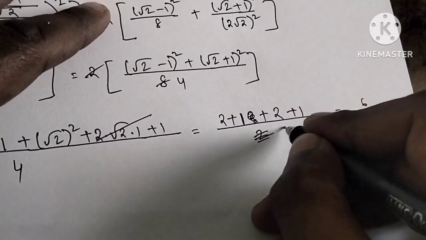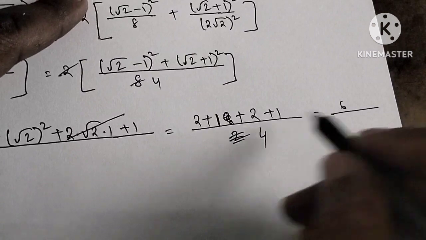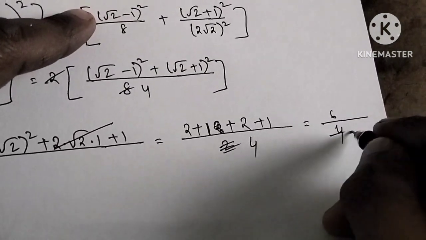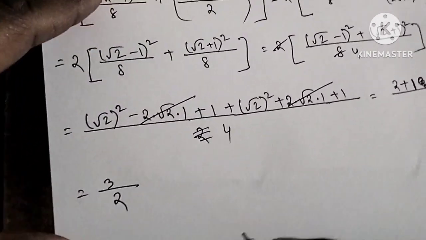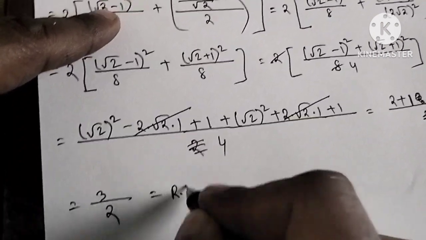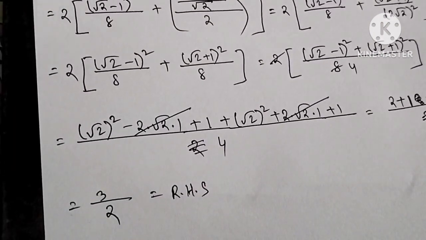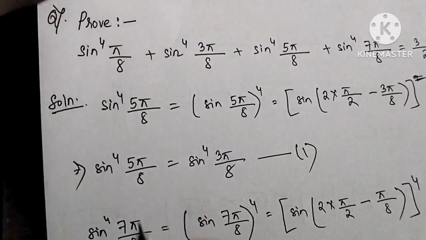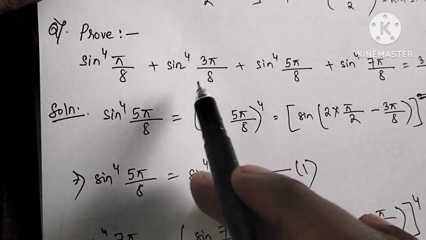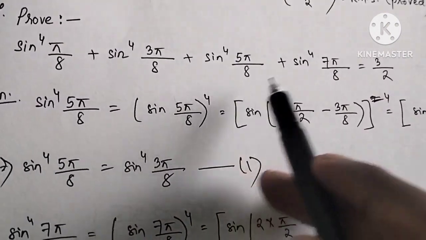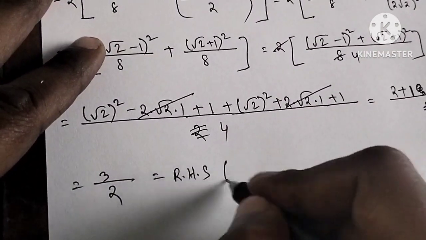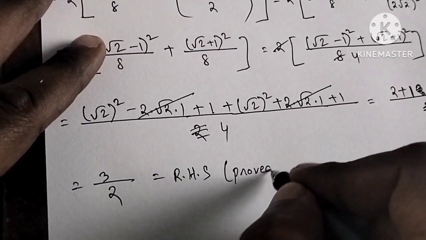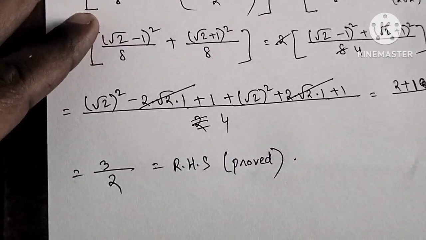So 6 by 4, 2 2s are 4, 2 3s are 6, so it is equal to 3 by 2, equal to RHS. You have to prove this only. Sine to the power 4 pi by 8 plus sine to the power 4 3 pi by 8 is equal to 3 by 2. So you have got 3 by 2, RHS. Proved. Clear? Thank you.